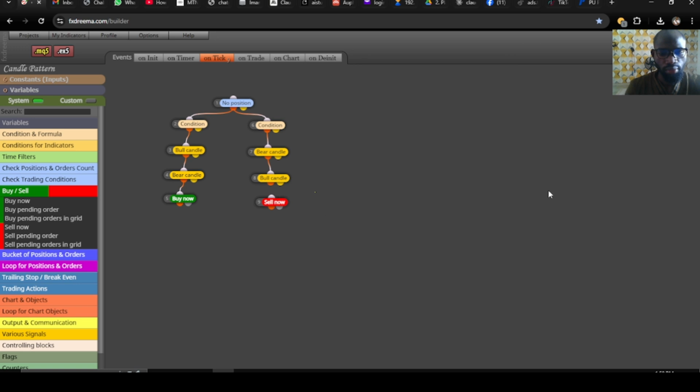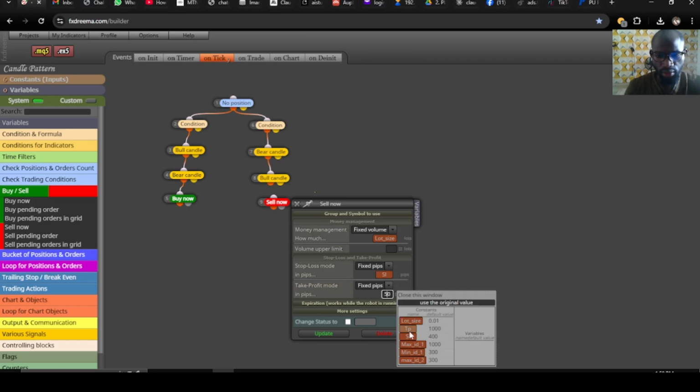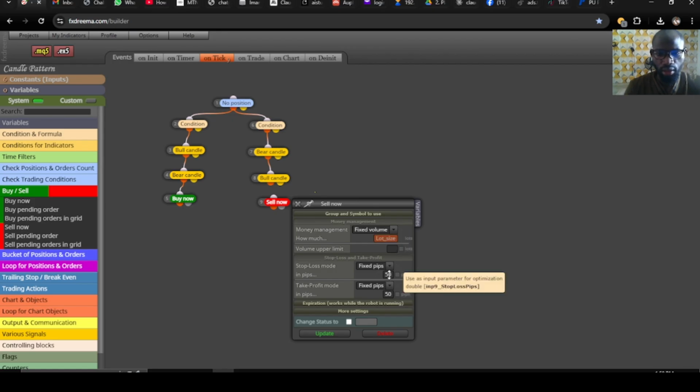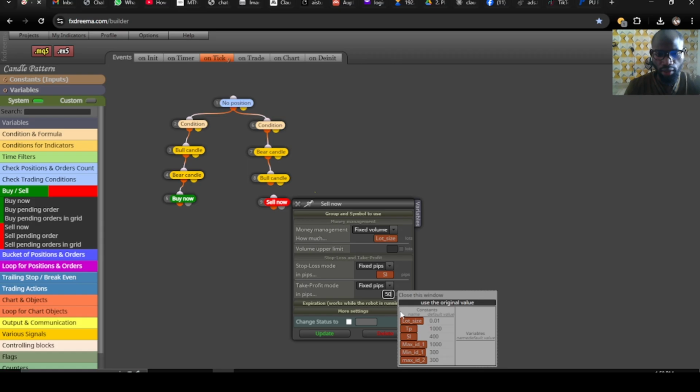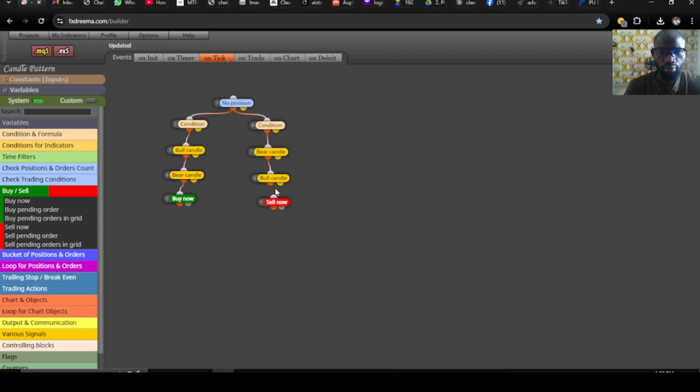Let's input our lot size, our stop loss, and our take profit. Then we update. We link them together.